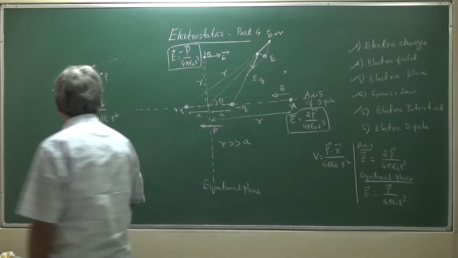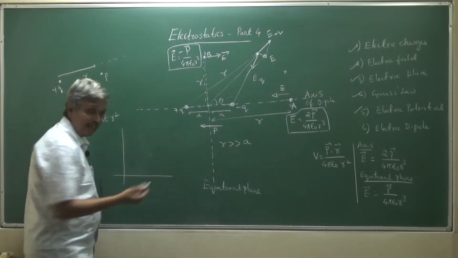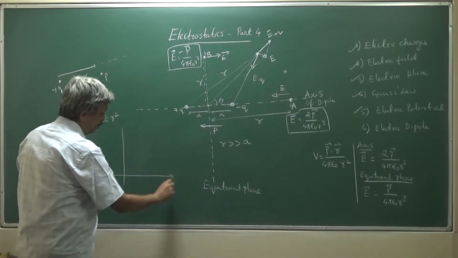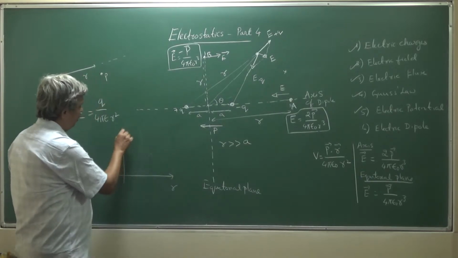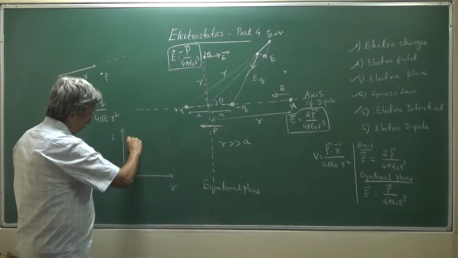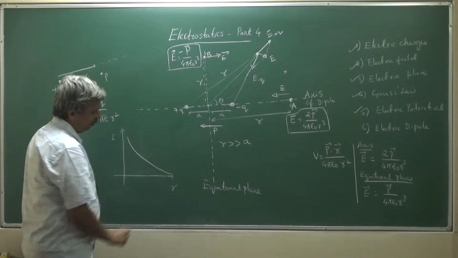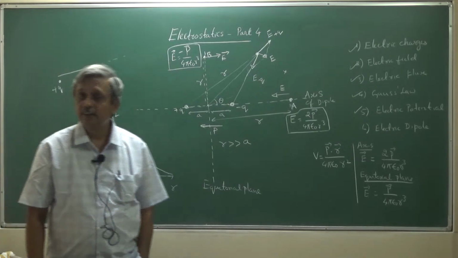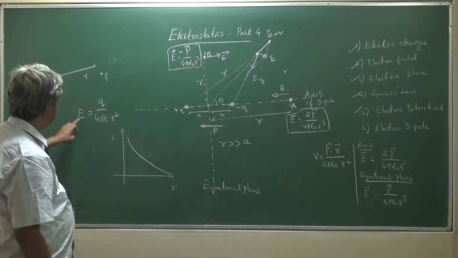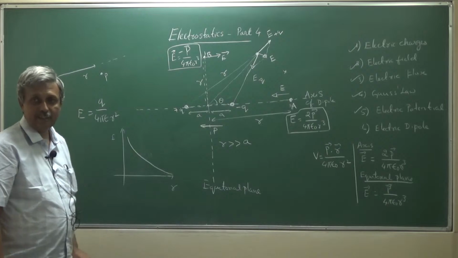If you draw the picture that I showed you last class, with distance r on one axis and electric field on the other, it will go down like this. For a single charge, E is inversely proportional to R squared.